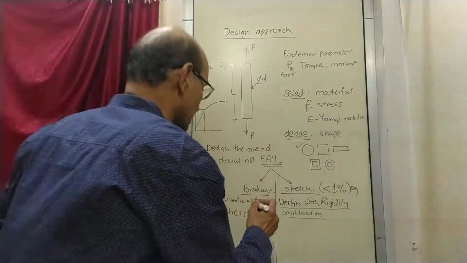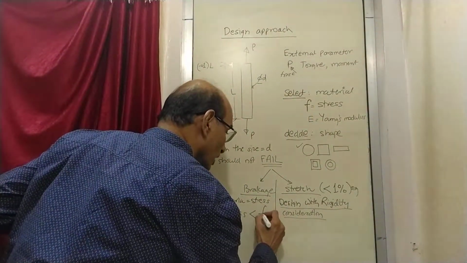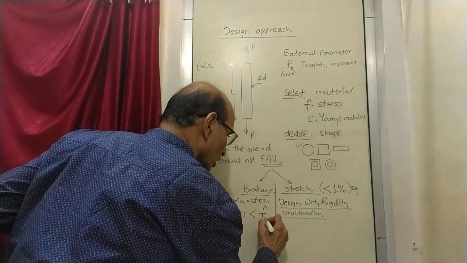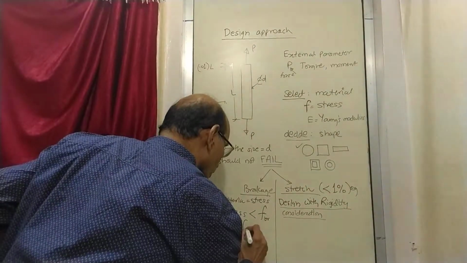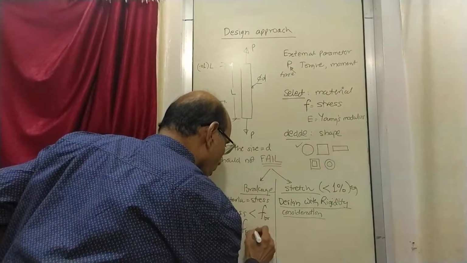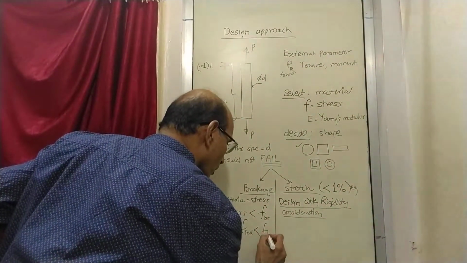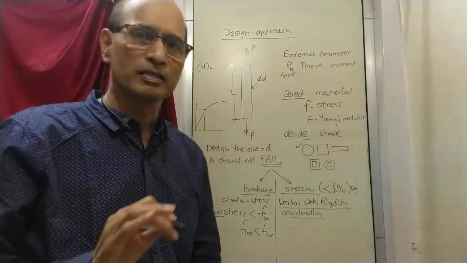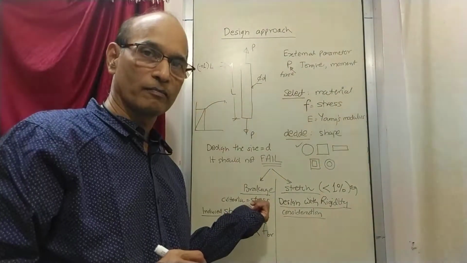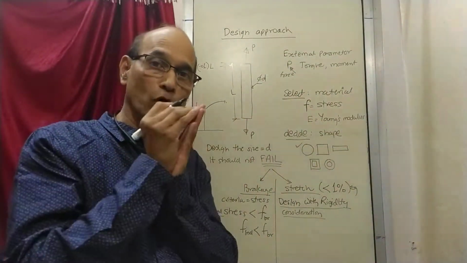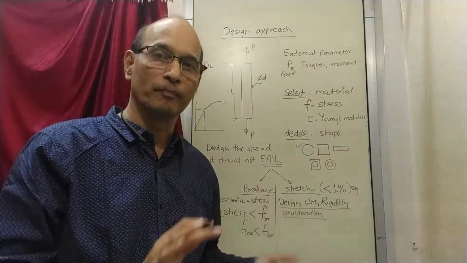So I'll call it Ft, F is stress and this is breaking. And this I am calling F induced. In simple language, the stress induced on the part I am keeping below the breaking stress so that it will not break.